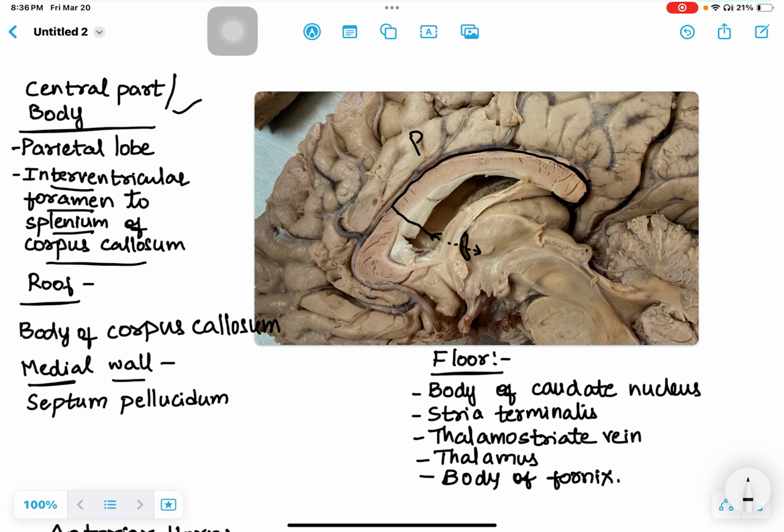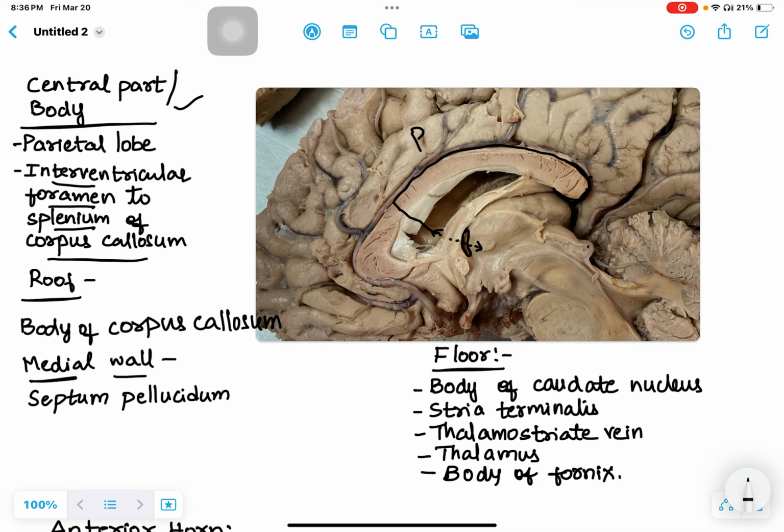Now we will see the boundaries. You can see this is the body of the corpus callosum. So the roof is formed by the body of the corpus callosum. This is the roof, and this is all the floor.